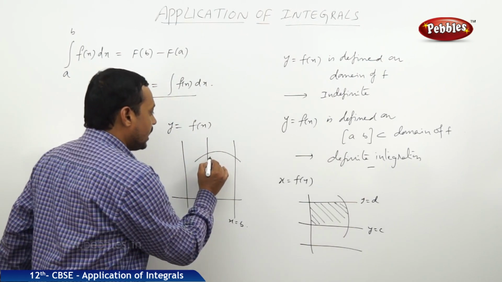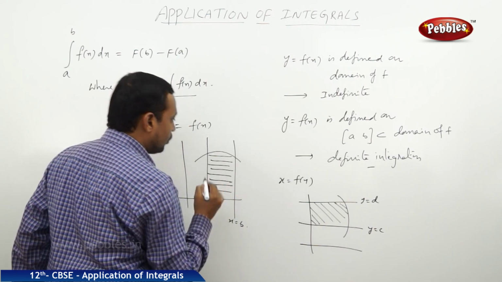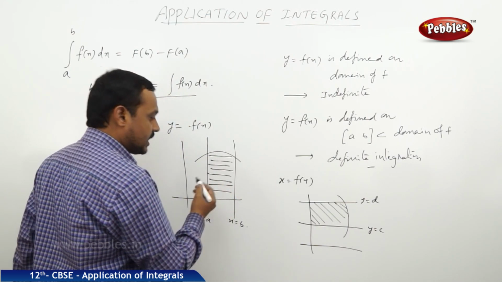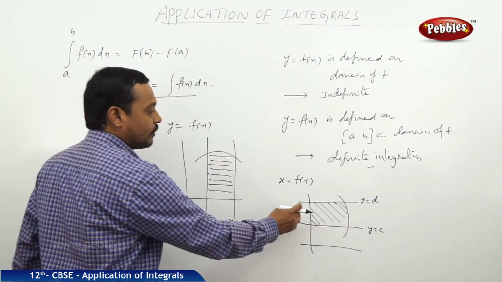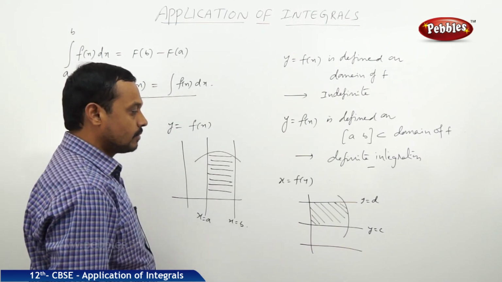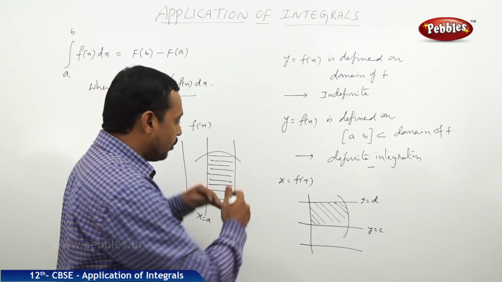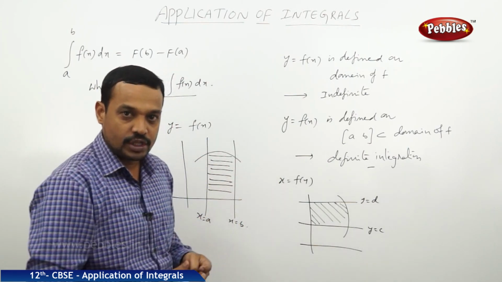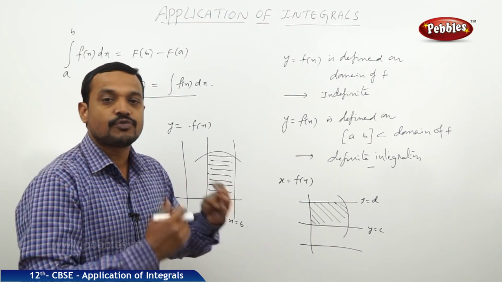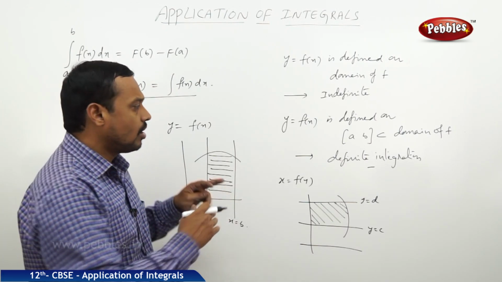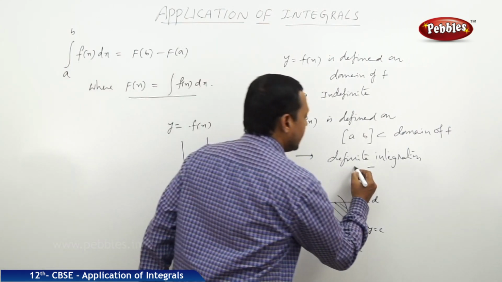Now this is the area of the region bounded by y is equal to f of x with respect to x-axis, or the area of the region bounded by the curve x is equal to f of y with respect to y-axis, or partly some of the portion is above the x-axis and some of the portion below the x-axis, then finding the areas of the regions formed by the curves, etc. All these areas can be determined by the definite integration.